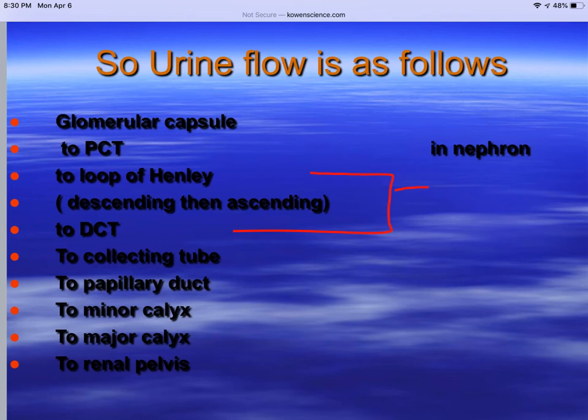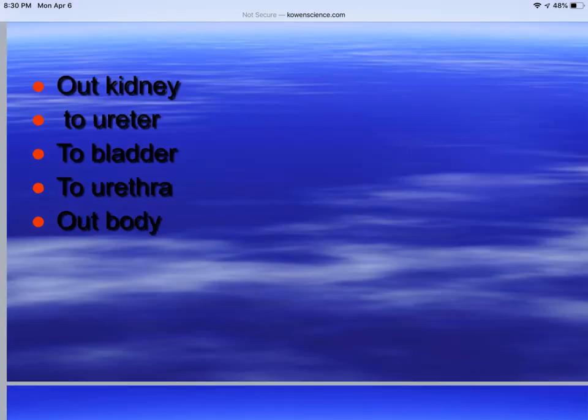So what we're looking at is from right here to right there. We're looking at the nephron system, but in all of this section, we're looking at the kidney. And then once it leaves the kidney, it would go to the ureter, to the bladder, to the urethra, and then out of the body.